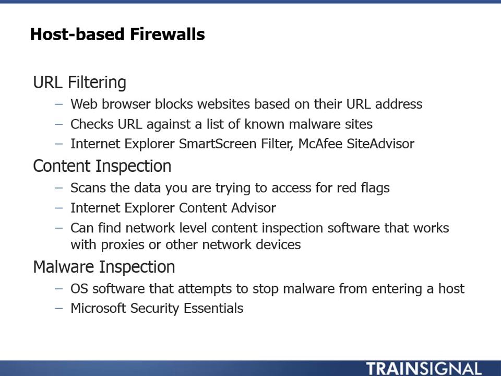One advantage of host-based firewalls is that the content inspection can actually be a lot more powerful because it's running on the host itself. So one of the challenges that we have with modern networking is that everything happens through HTTP. And in fact, most new applications are using secure HTTP, HTTPS, which is encrypted.